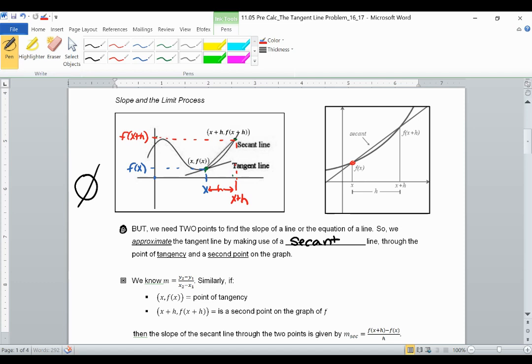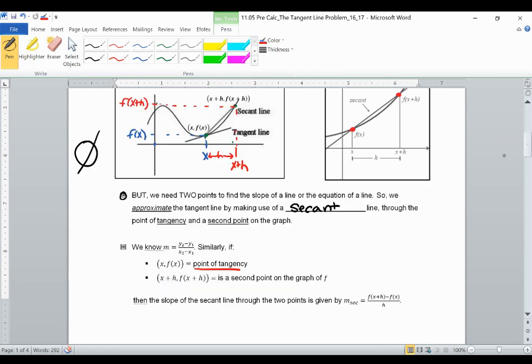Here's your point x, and f of x is your y value. This point is x plus h, and the y value is f of x plus h, and there's our secant line. So our point of tangency is x comma f of x, and our second point on the graph is x plus h comma f of x plus h.